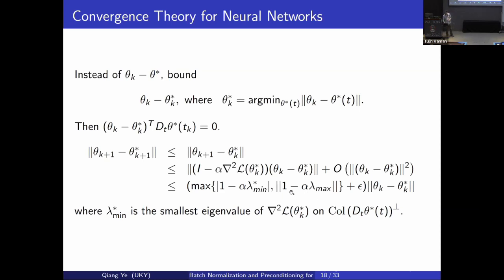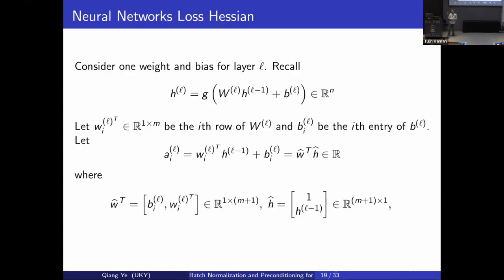Because this is orthogonal to the null space of the Hessian, you can replace the bound: instead of using lambda min, you use the smallest eigenvalue other than those 0 eigenvalues. So that's the idea. The condition number based theory still works for the ReLU network.